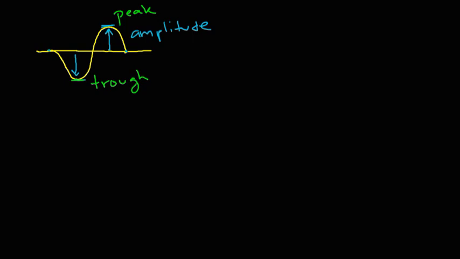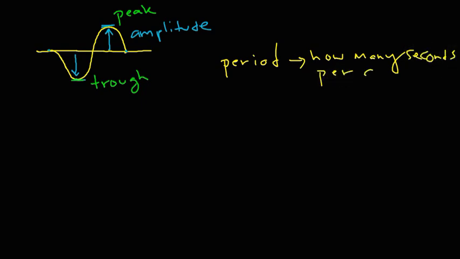So the next vocabulary point that comes up with waves is something called period. Period is how long for each cycle, or how many seconds there are per cycle.